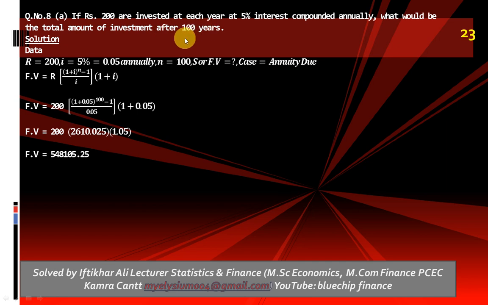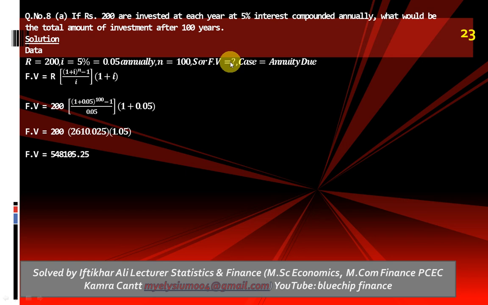So n will be 100, and rate of interest is 5% compounded annually, so interest will be 0.05, and if rupees 200 are invested each year, so R will be 200. At 5% compounded annually, what would be the total? So future value is asked in this question to calculate.